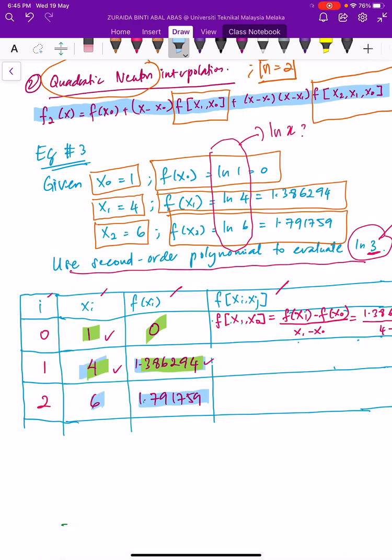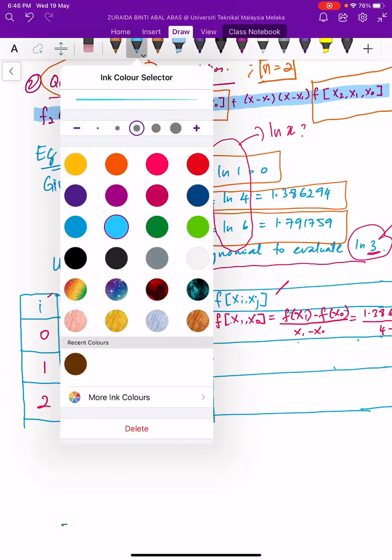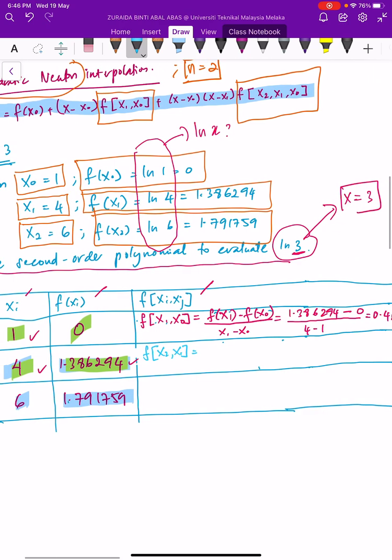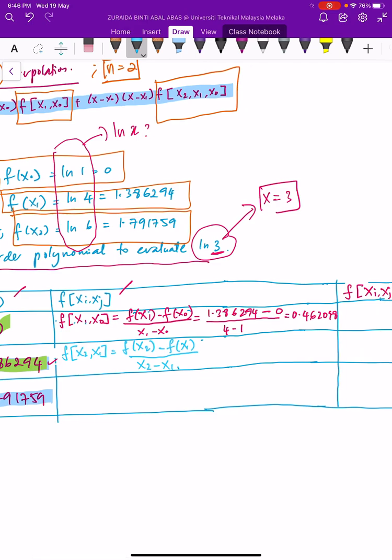It's going to be f of x2, x1, which is the value of the function for x2 minus the value of the function for x1, divided by x2 minus x1. I hope you can see the pattern of how to get the divided differences.